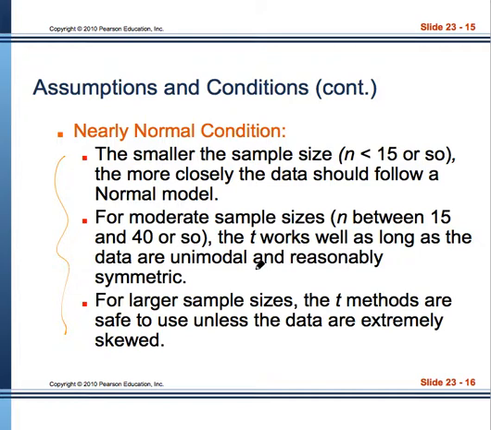When sample sizes are between 15 and 40, then the t works well, as long as they are unimodal and reasonably symmetric. And for larger sample sizes, the T methods will work just fine. So yes, you should make a list of what these three things are and stop the video if you need to, if you haven't written them down yet.